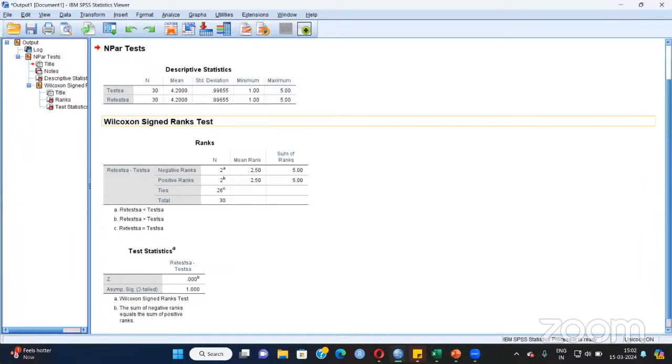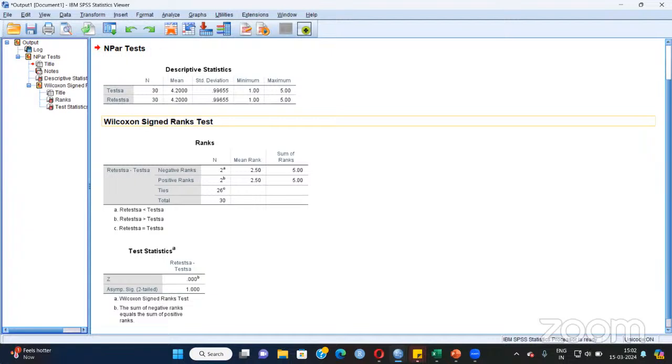The only thing is, in case of the non-parametric, you are using the Wilcoxon sign rank test. Here you are giving importance to the median. Median is your cutoff point.